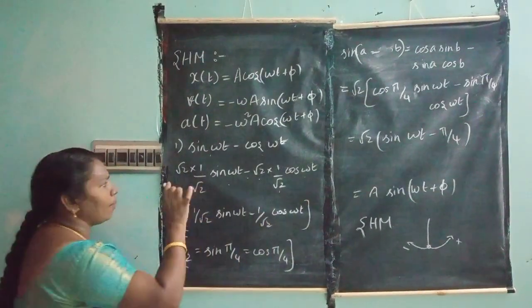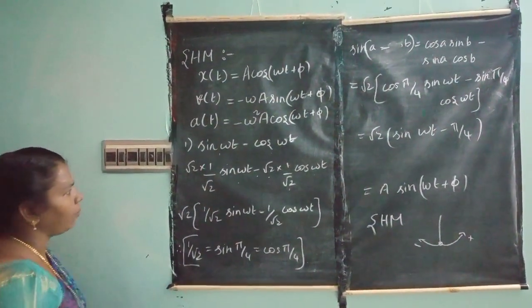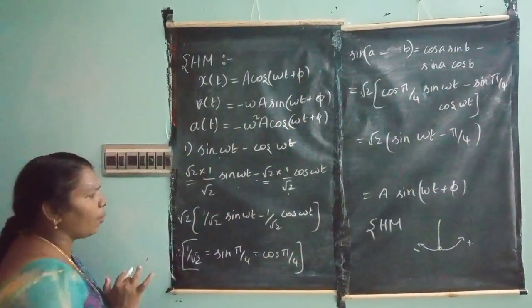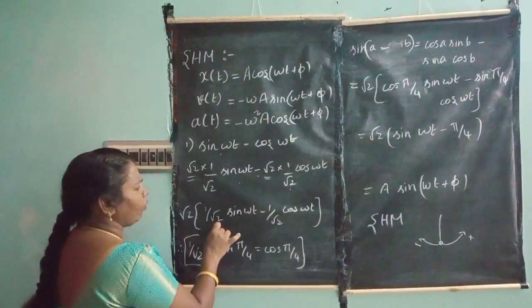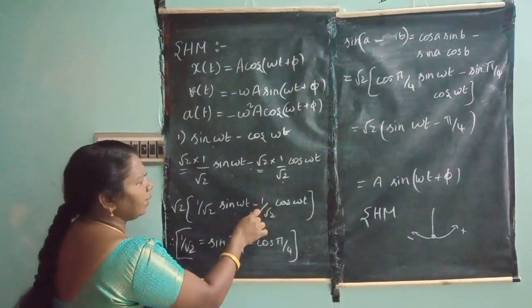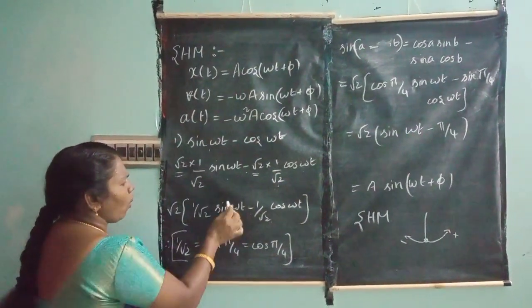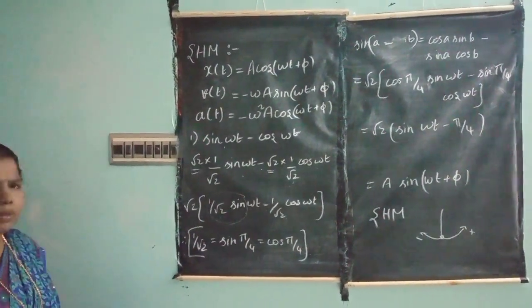Then I take the square root of 2 as a common term outside. So what I get inside is 1 by square root of 2 sin omega t minus 1 by root 2 cos omega t. So what is that?